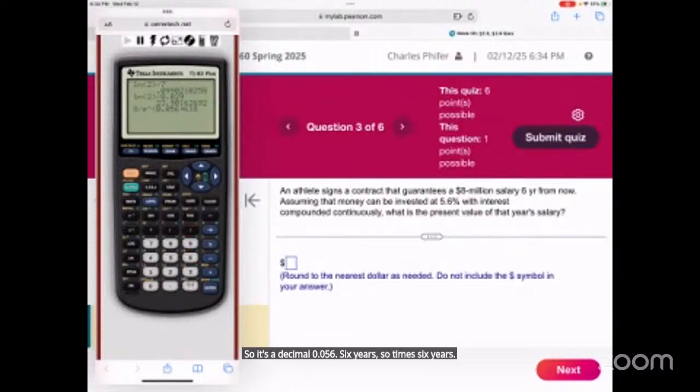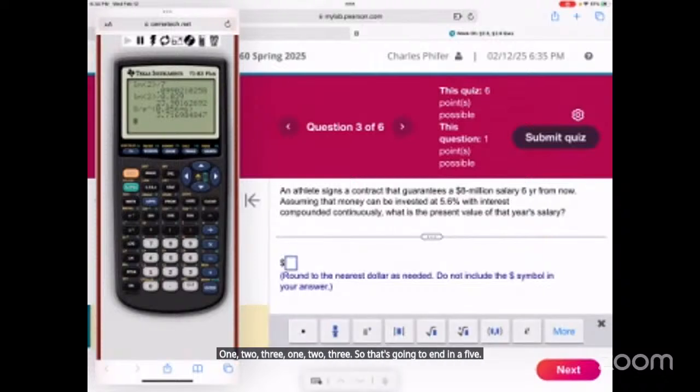Okay, let's go with it. Nearest dollar. 123, 123. So that's going to end in a 5. So that's 5,716,985. That's the nearest dollar. Okay.